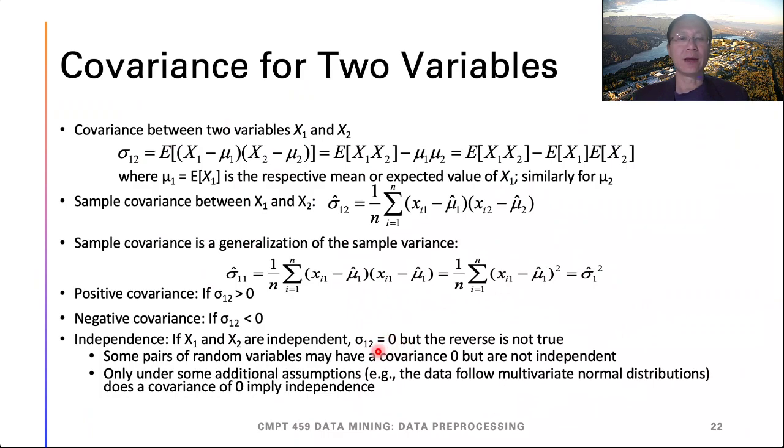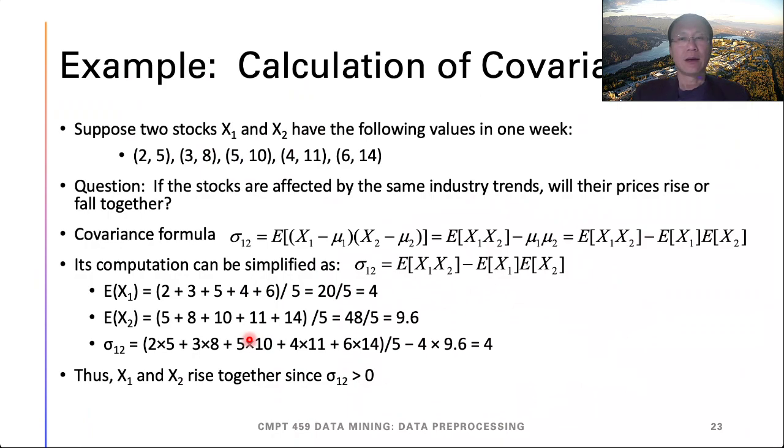However, we need to know one thing. If sigma 1,2 is close to 0, x1 and x2 may still not be completely independent. There may still be some relationship between x1 and x2. How to calculate the covariance?